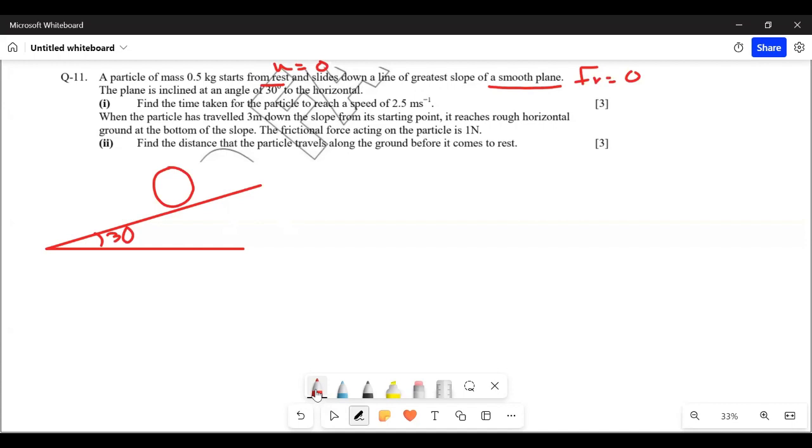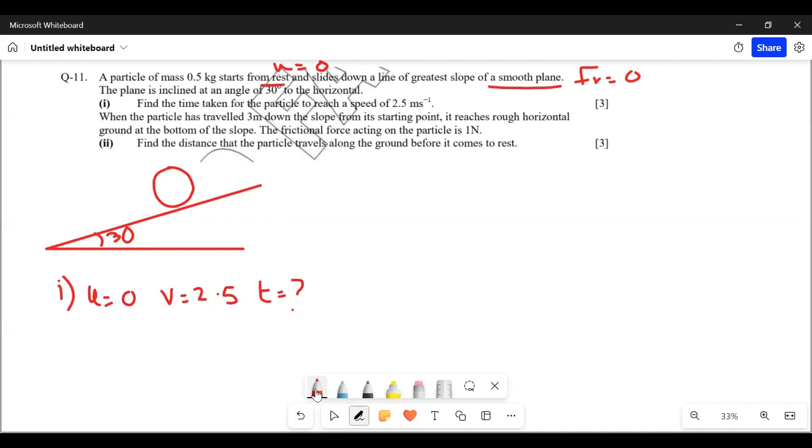Find the time taken for the particle to reach a speed of 2.5. So for part 1, U is 0 as given in the question, V is 2.5, T is what you have to find. But again, that's not enough information for us to apply equations of motion.